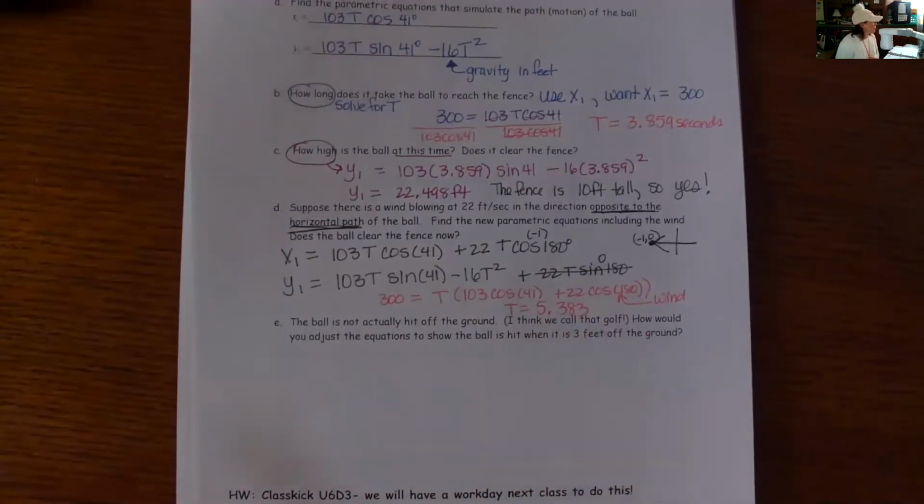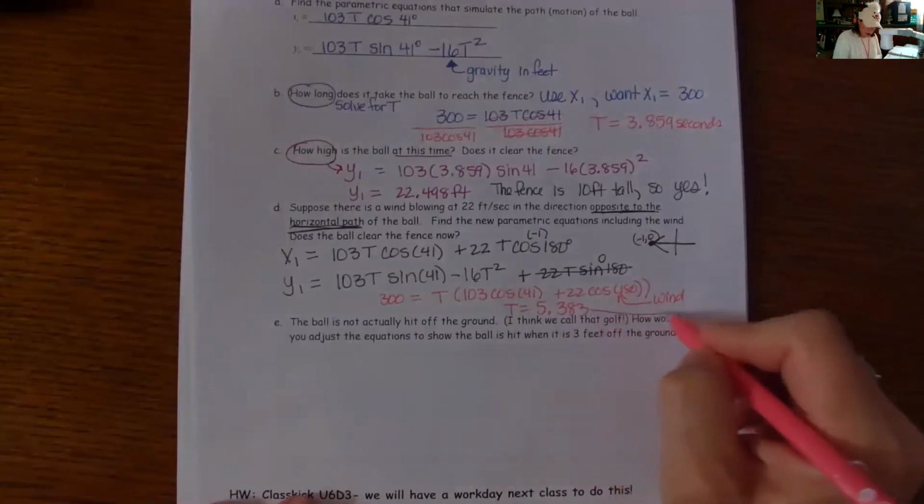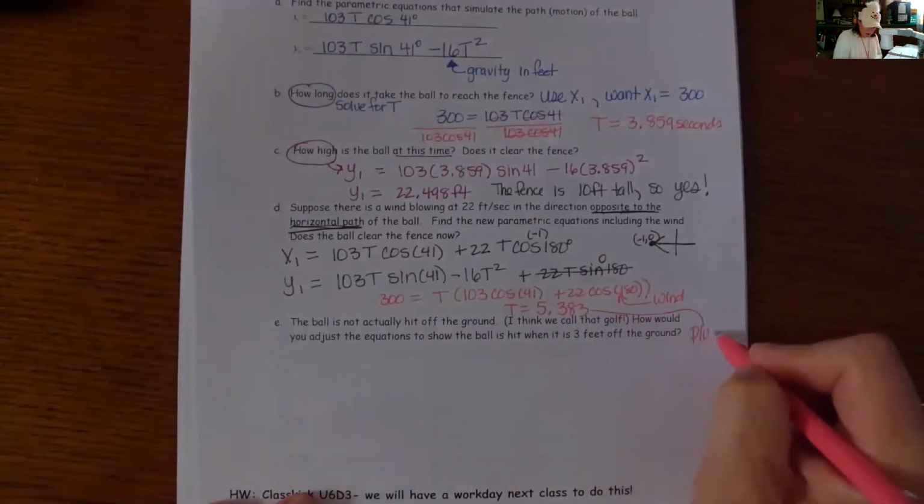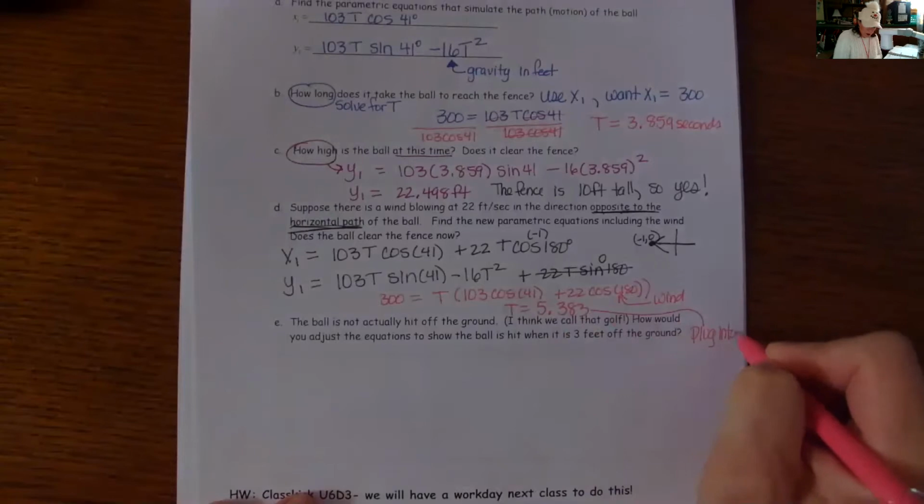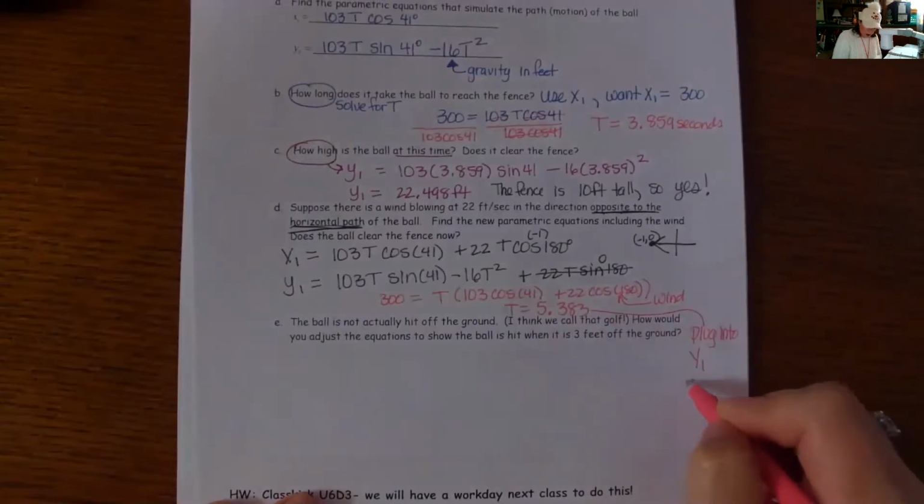So what do we need to do with that 5.383 now to know if it clears the fence? We have to plug it into which equation? Where do we plug it in? To y, and it has to be how big at least when we plug it into y? Yes. So now plug into y1.